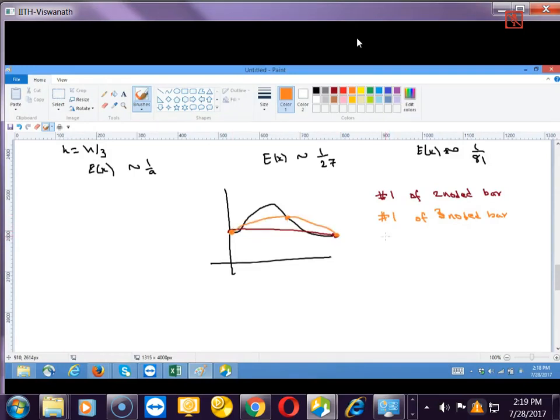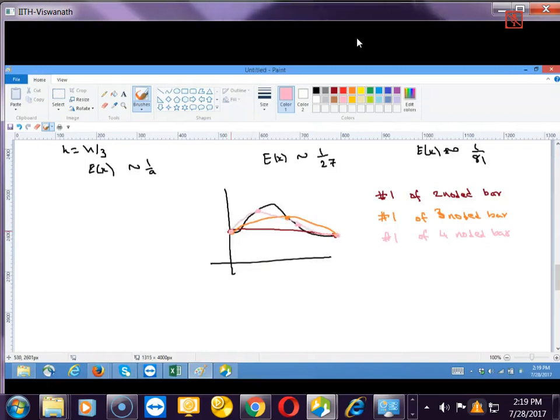Now if I take one element of a four noded bar, let's say I have the nodes at 1, 2, 3 and 4, my approximation would be a cubic polynomial.